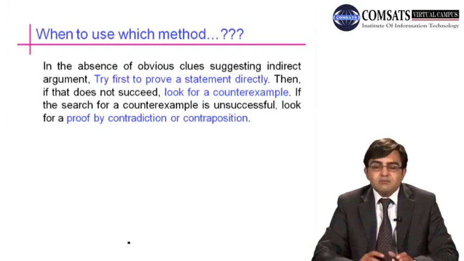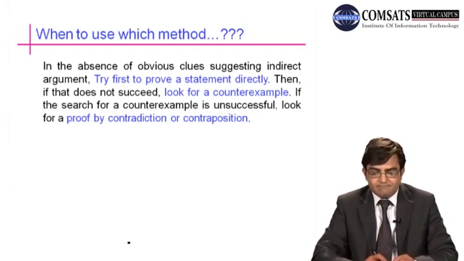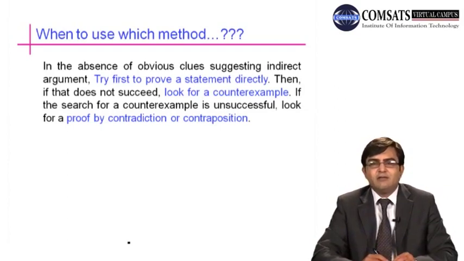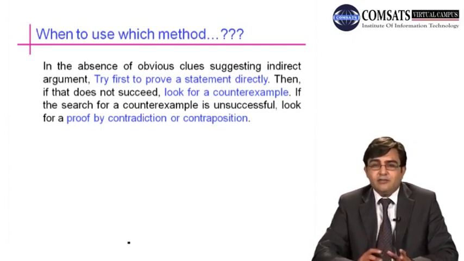So if we are not given some obvious clues or obvious conditions, first we try to prove any given statement by using the method of direct proof. Then, if we do not succeed in proving a statement by using the direct method, then we search for a counterexample to disprove the given statement.